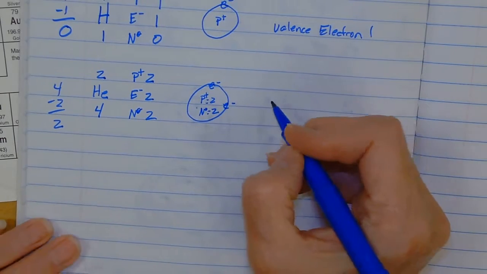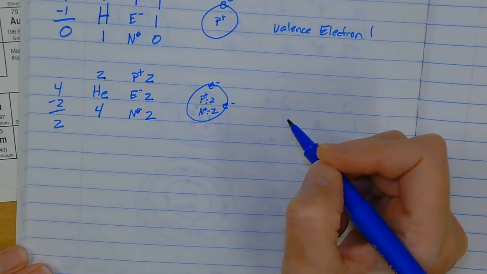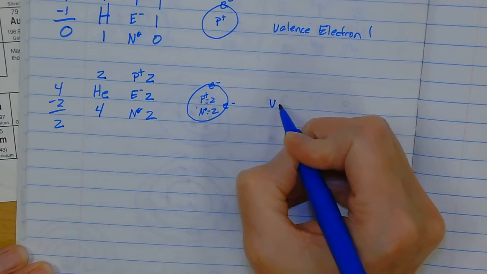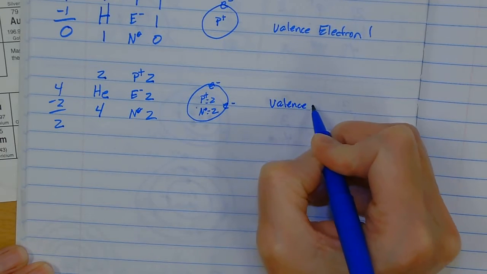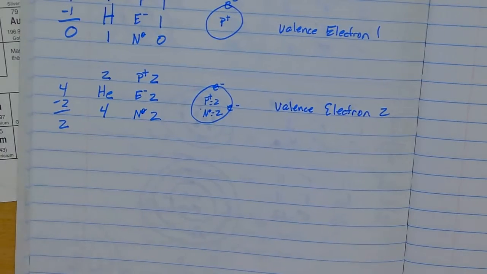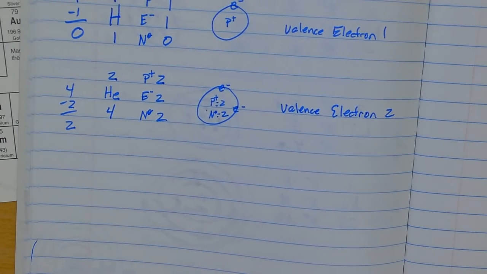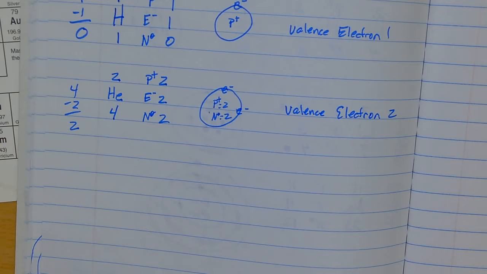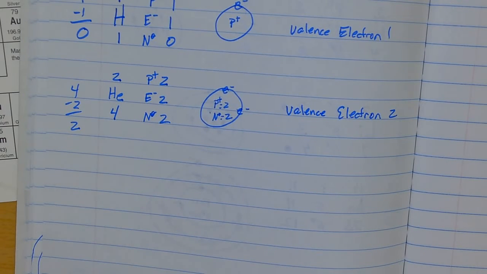So helium is the one element in group 18 whose valence electrons is only going to be 2. Okay, and it is full at 2. But helium is a noble gas. No more electrons can fit on that energy level. It is non-reactive. It's inert. Okay, it will not react with anything else.